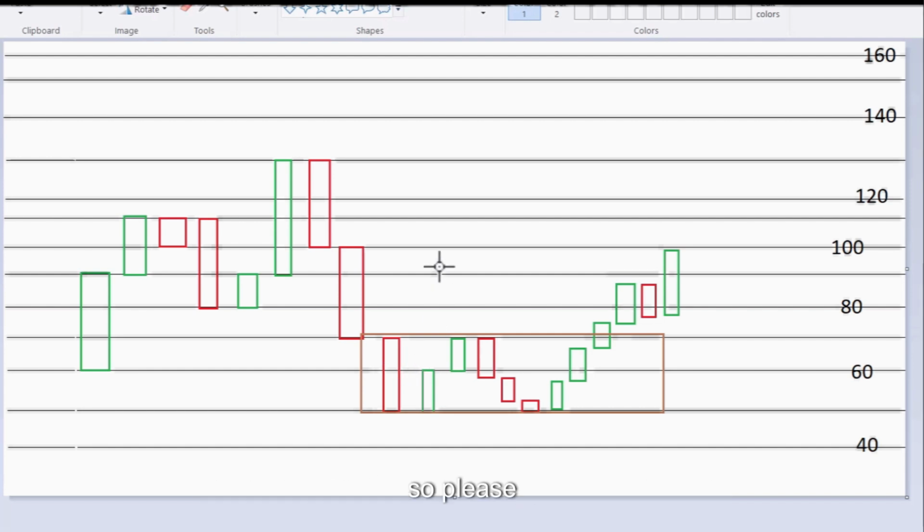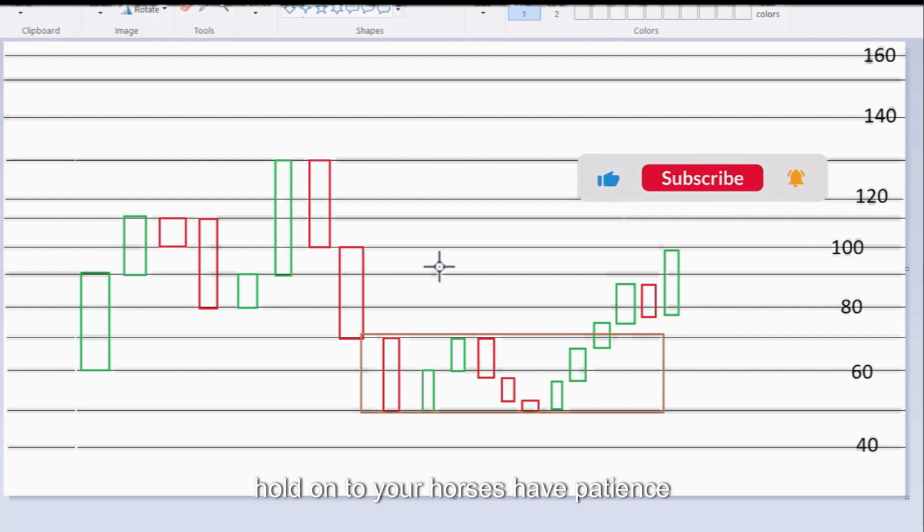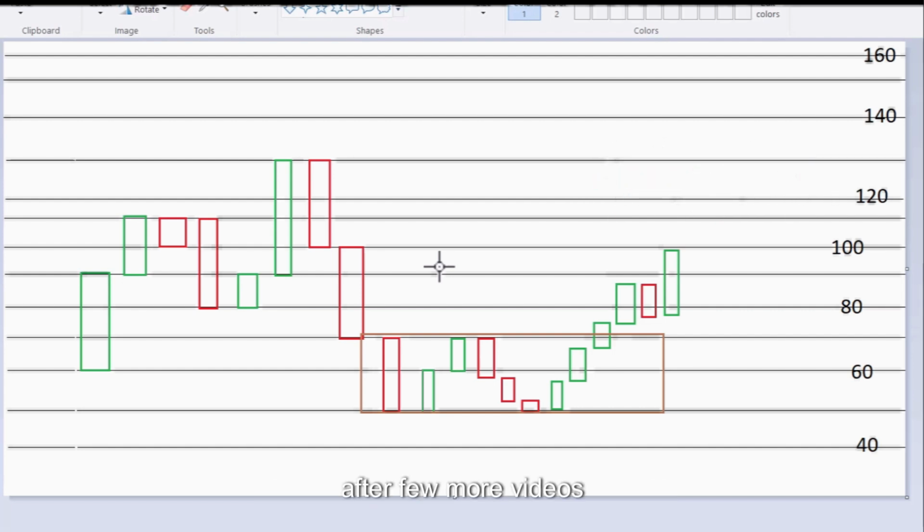So please hold on to your horses, have patience, learn a few things. After a few more videos, you can easily go to a market and understand all sorts of stuff. If you get excited, go to a market and start trading, you will incur a loss, because this is just the basics.